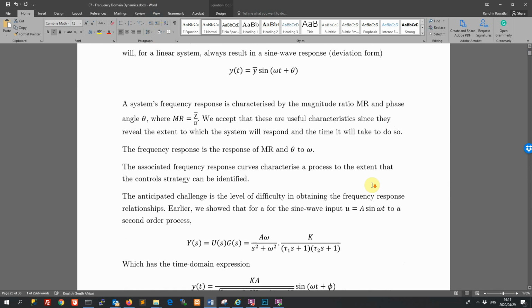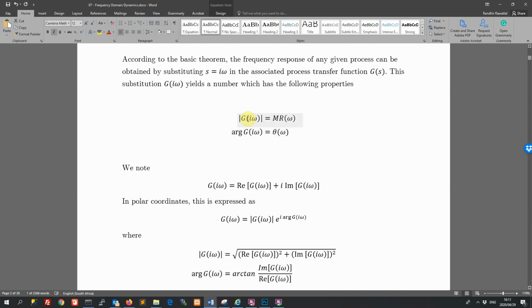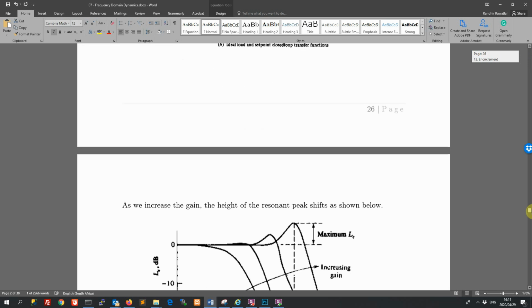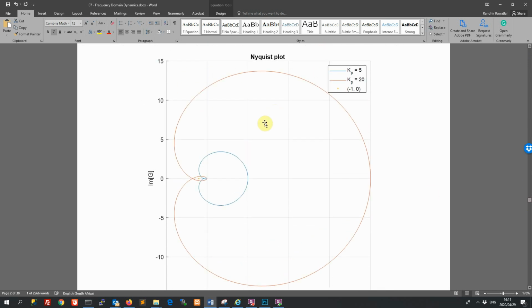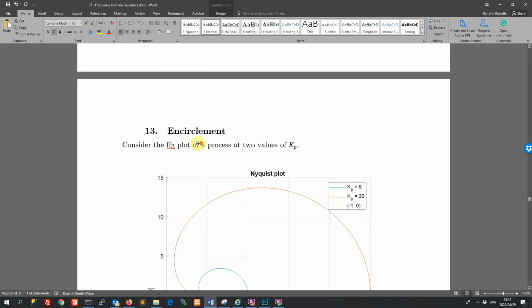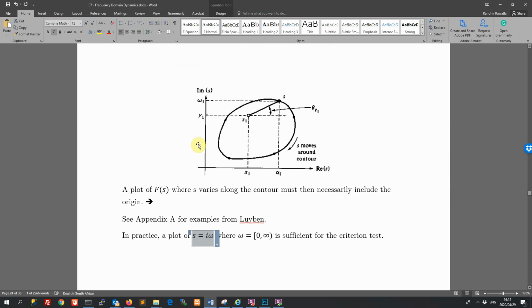When we started out in this set, we said we are interested in s equals i omega, and that's because we always knew this is what we were going to do. We always knew that we were just going to go from naught off to infinity, and just observing what happens there would be enough to observe how many times our function was going to encircle minus 1, 0. So that's the complete logic in trying to estimate the number of zeros in the right-hand plane, and hence assessing the possibility of having instability.